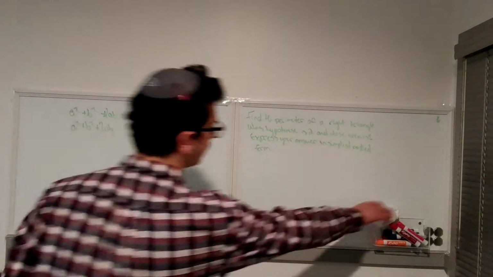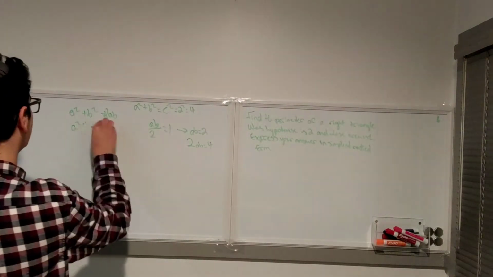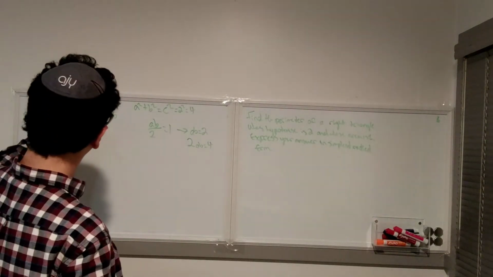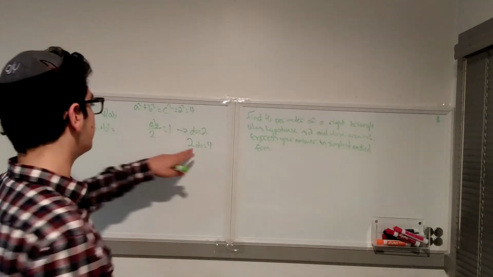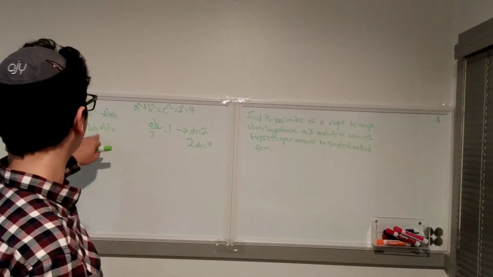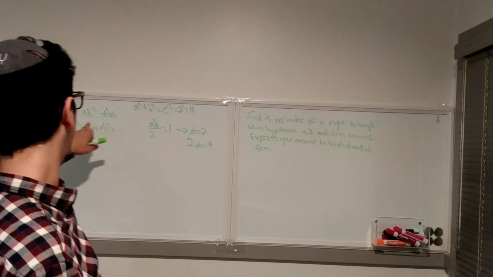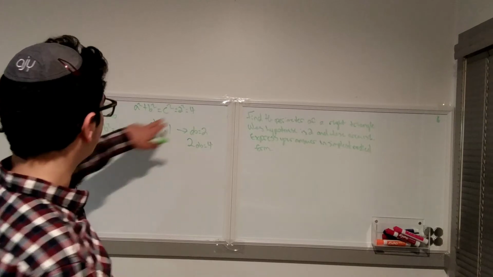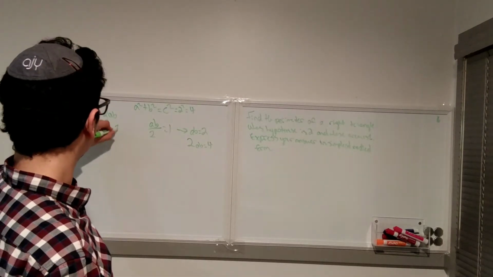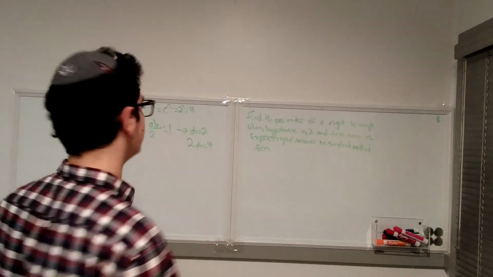I'll write it in its normal form, so it's even easier to see. Now what's that equal to? The 2ab is equal to 4, and the a squared plus b squared is also equal to 4. So that's just equal to 8.